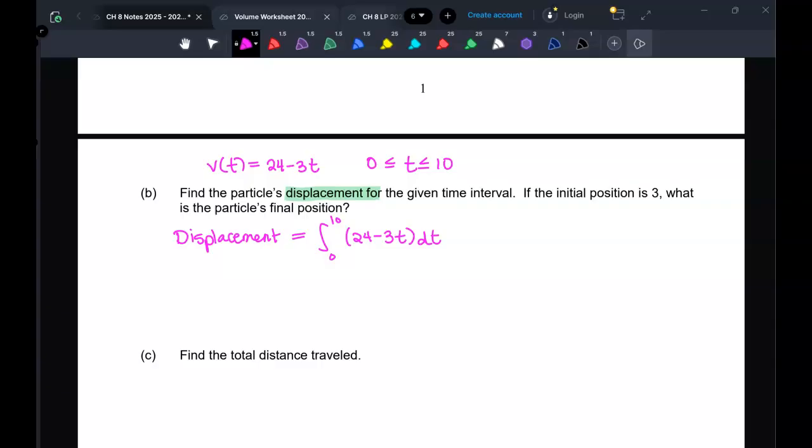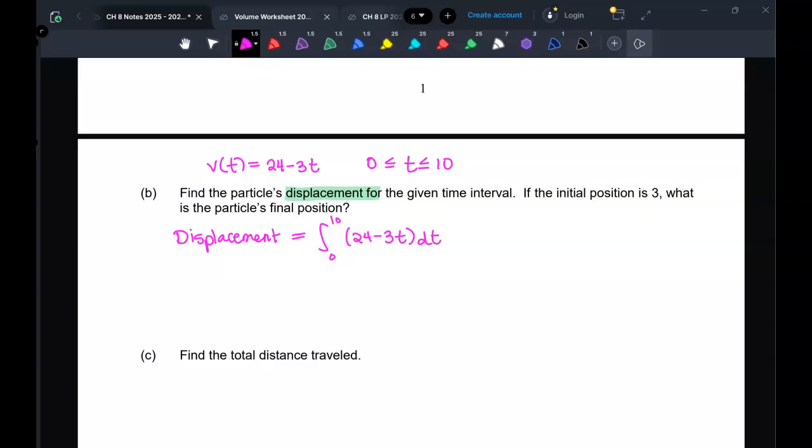Now we could do this by hand. This is where you get to use your calculator. So you can go to the integral. Where did it give us the 10? It was on the previous page. Sorry, I was just rewriting what they gave us. It's the velocity, and the interval was from 0 to 10.